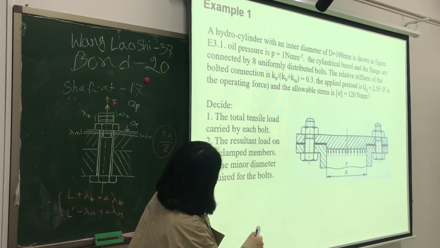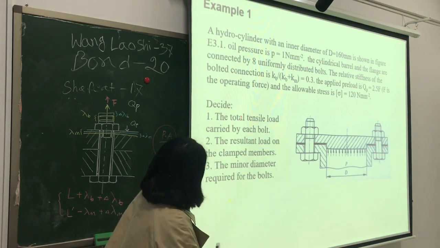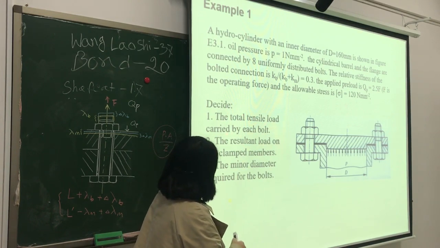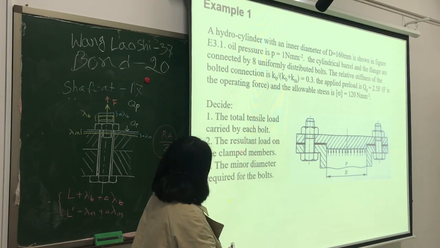The allowable stress sigma is 120. Find one, the total tensile load carried by each bolt; two, the resultant load on the clamped members; three, the minimum diameter required for the bolt.